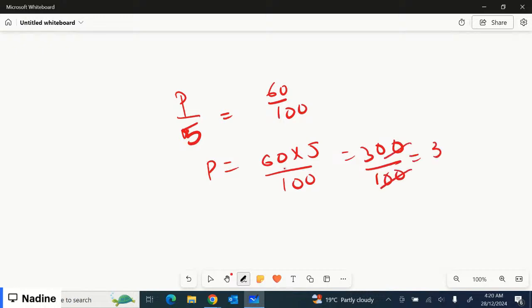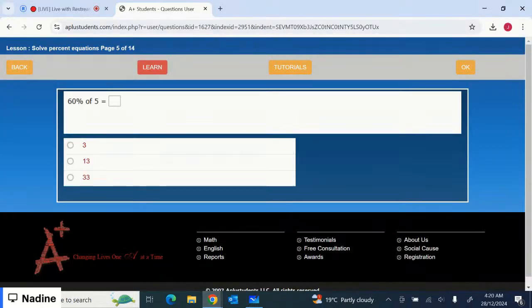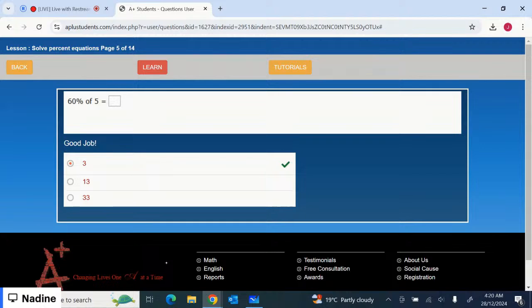That is 3. The correct option is 3. So that means 60% of 5 is 3. Option number 1 is the correct option.